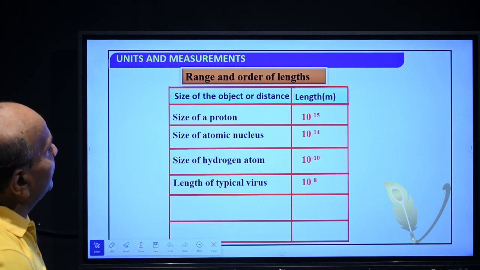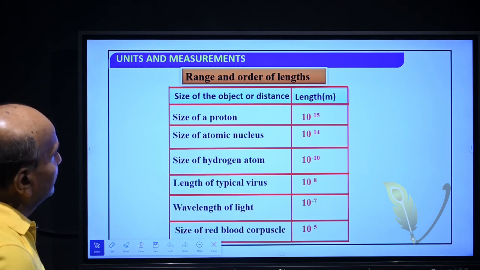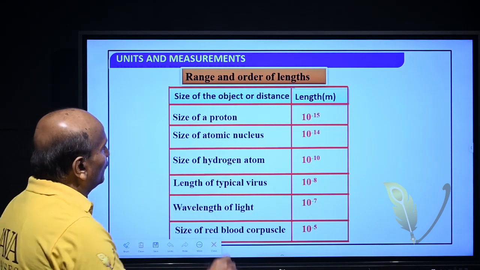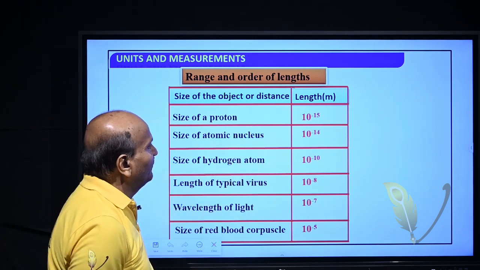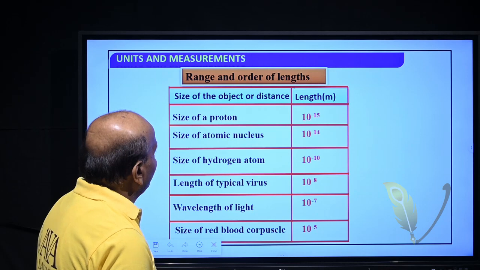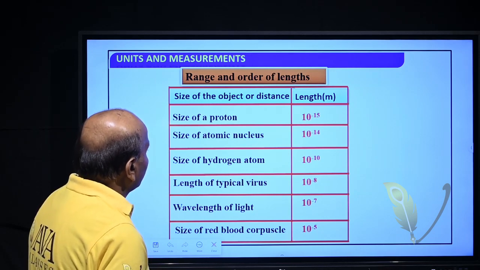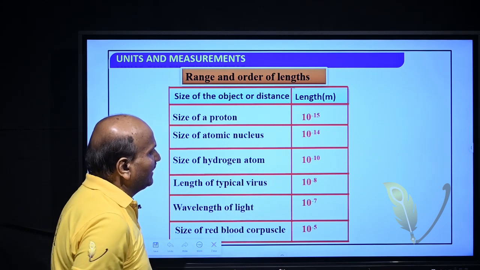Size of object or distance, and their length in meter. Size of a proton 10 to the power minus 15 meter. Size of atomic nucleus 10 to the power minus 14 meter. Size of a hydrogen atom 10 to the power minus 10 meter.